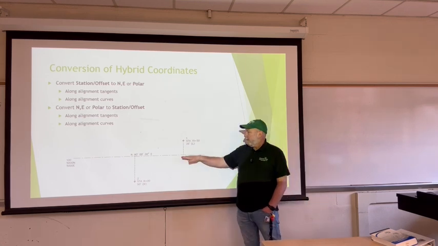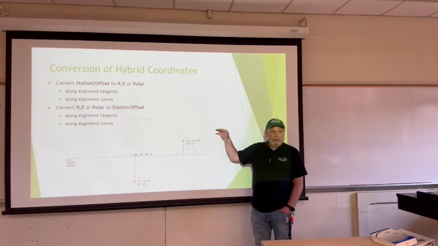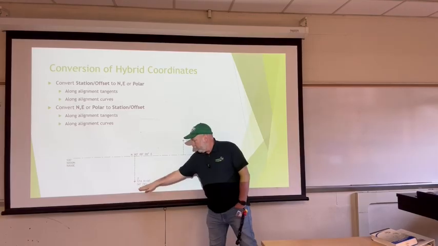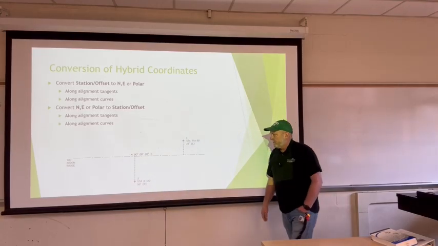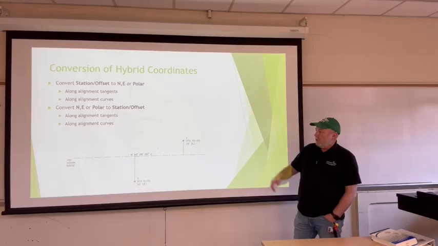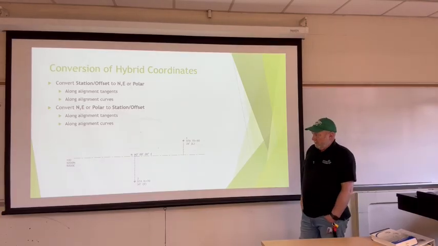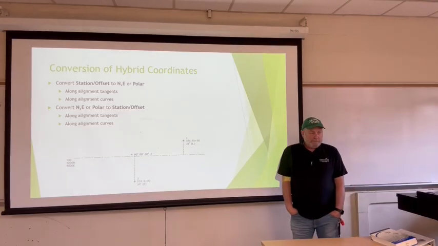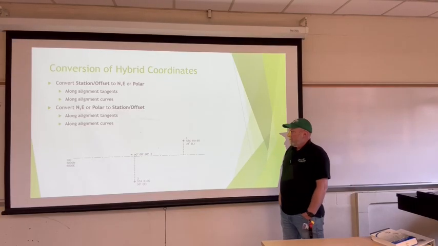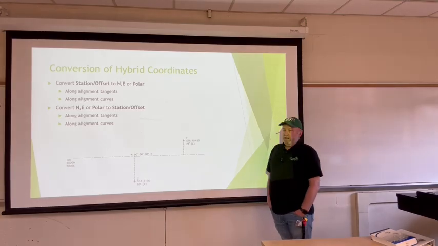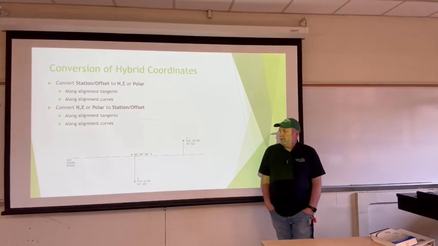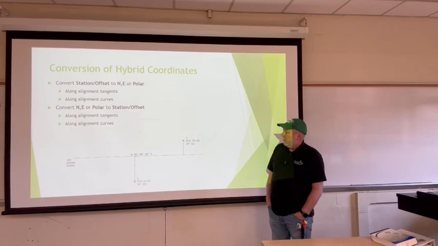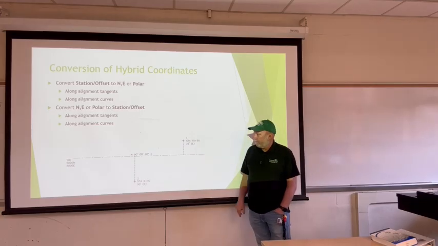We also see 25 feet left, which would also be labeled as a negative offset, and 50 feet off to the right. We have a coordinate down there at the far left side, and we have a bearing. We could easily calculate the polar coordinate to this point here.